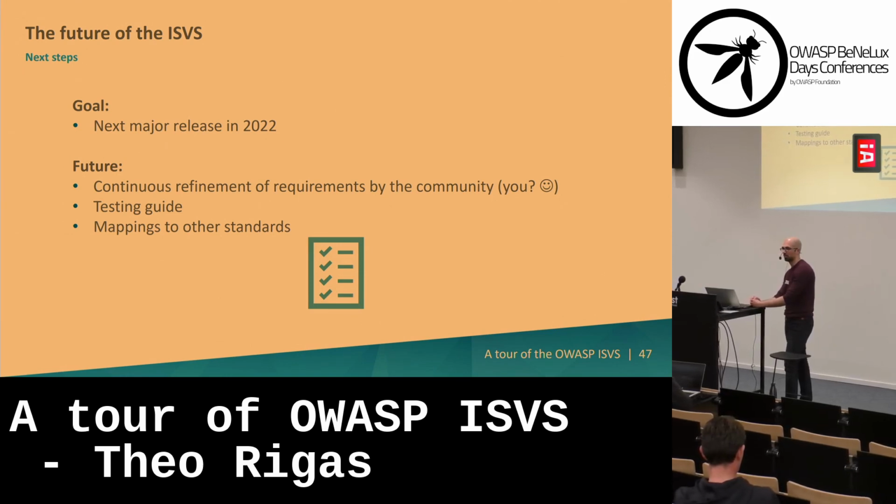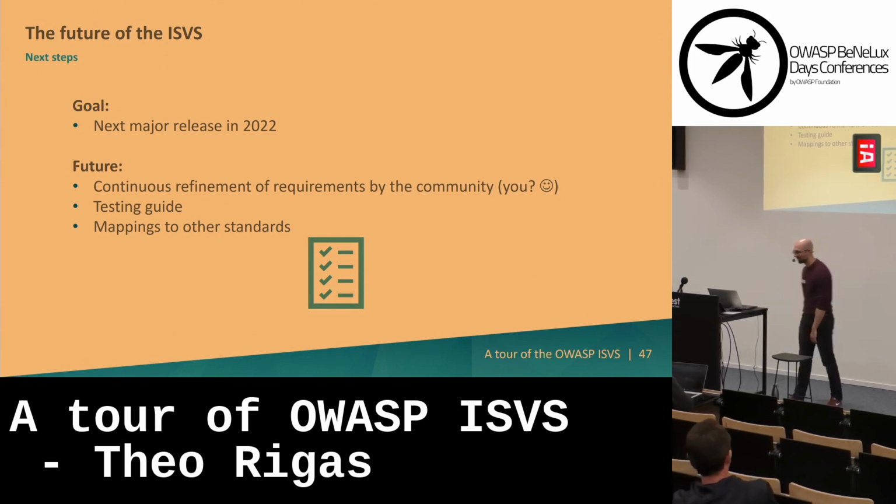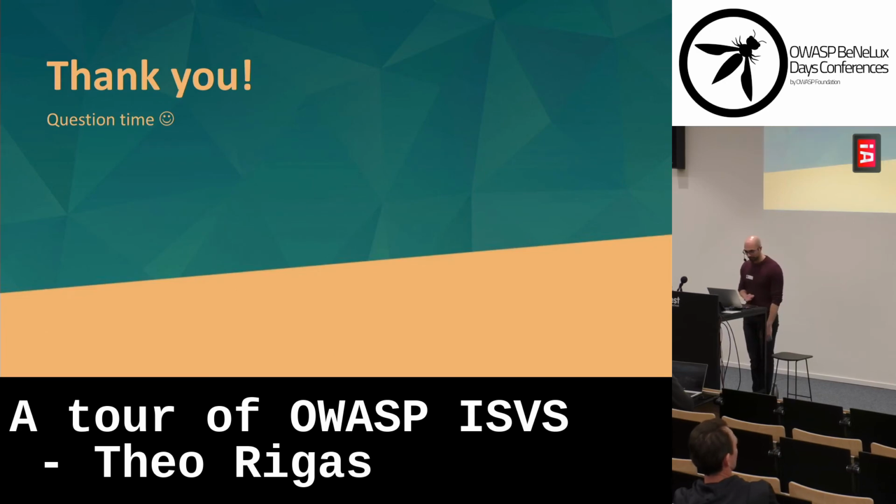But there, I think the OpenCRE way is maybe the best way to go, integrated with something like that project, and then magically it's mapped to everything. So yeah, that was all from me.